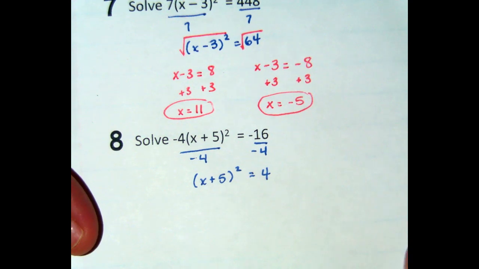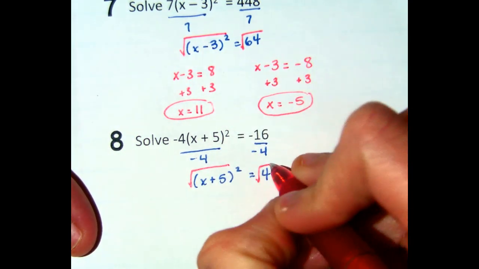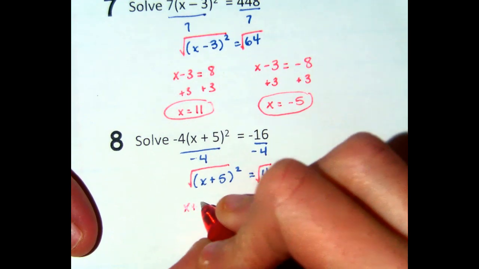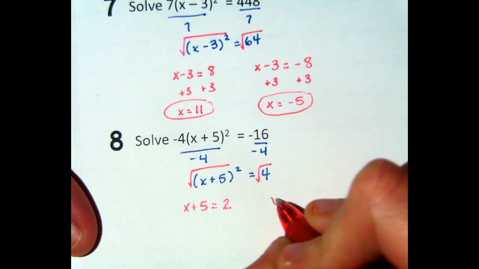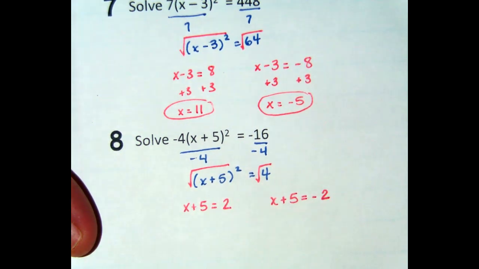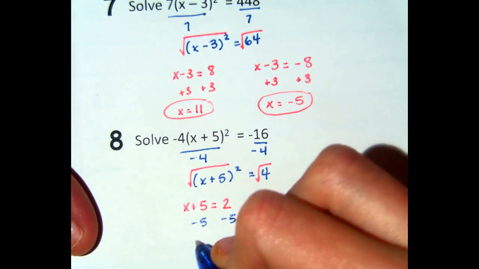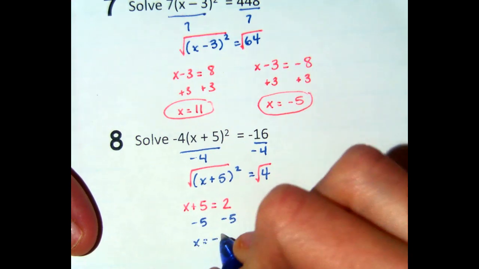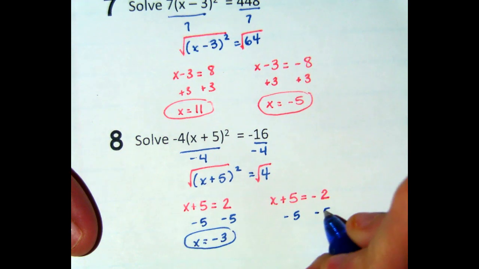Alright, so what are we going to do then? Take the square root. So x plus 5 equals 2, and x plus 5 equals? Okay, now what? So x equals? Subtract 5 again, and x equals?